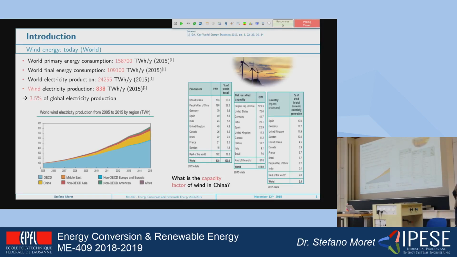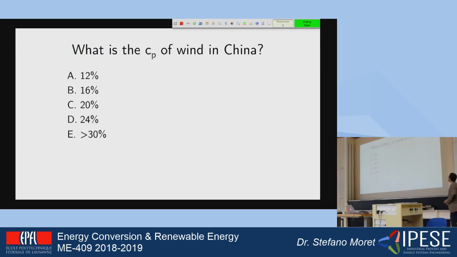The installed capacity is 129.3 gigawatt, and the production is 186 terawatt hours. Out of this information you can calculate the capacity factor.